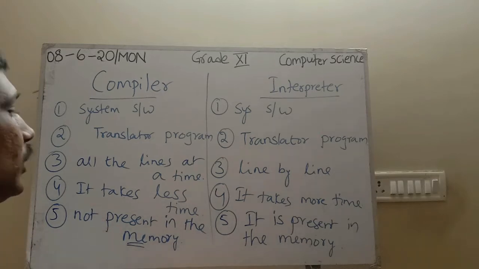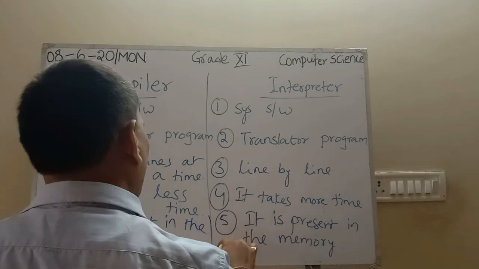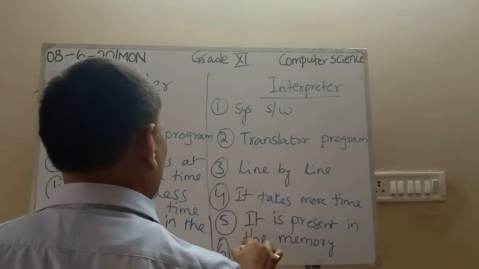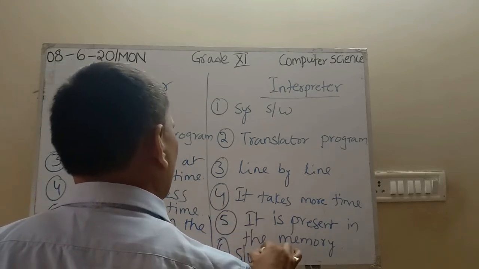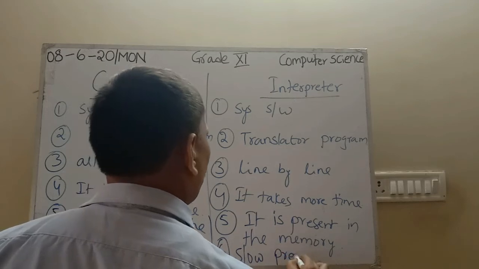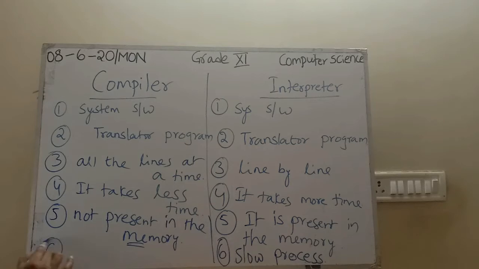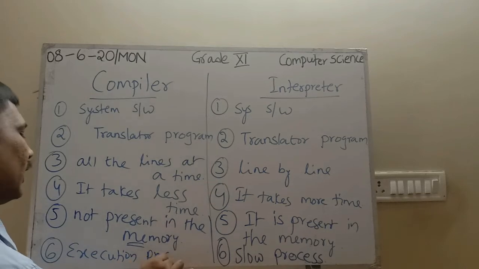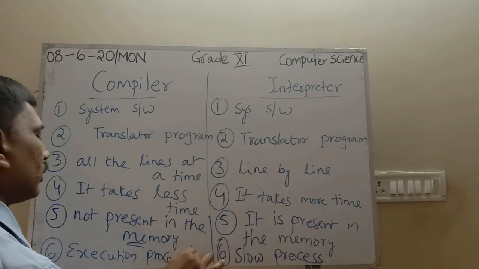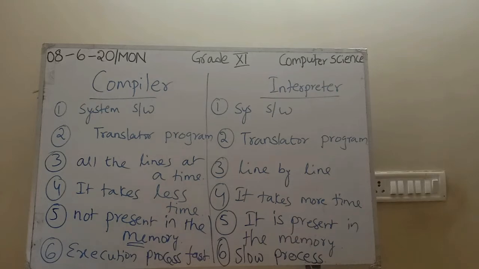That's why, according to speed, the interpreter is a slow process; its execution is slow. The compiler's execution process is fast when compared to the interpreter.